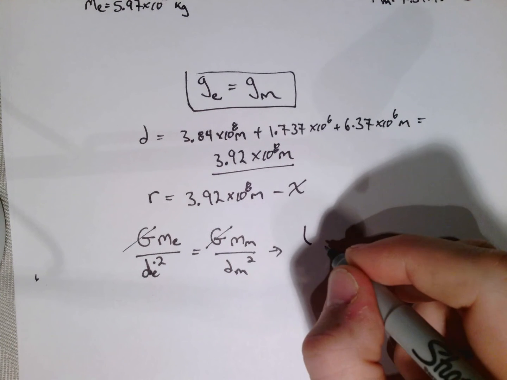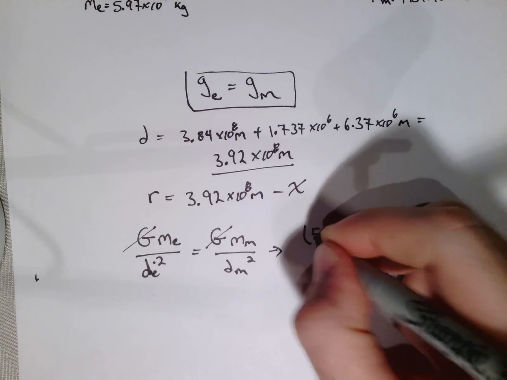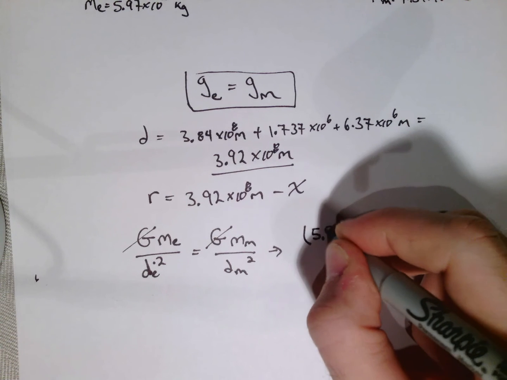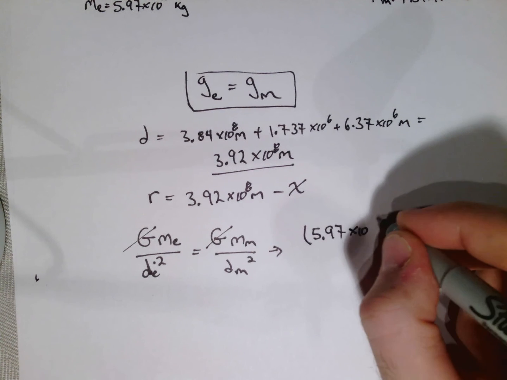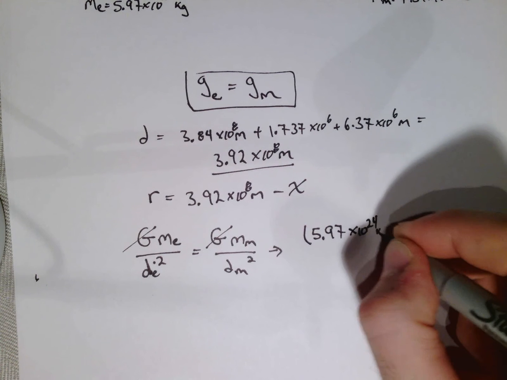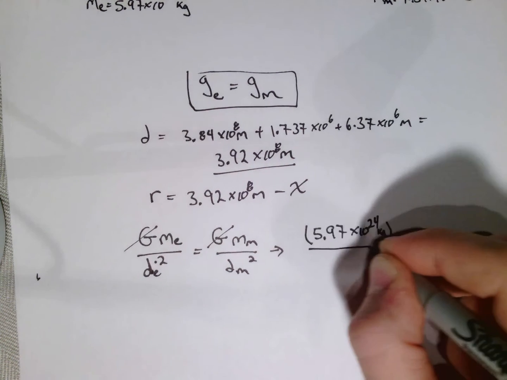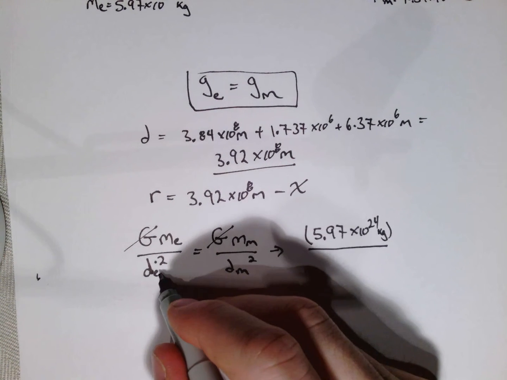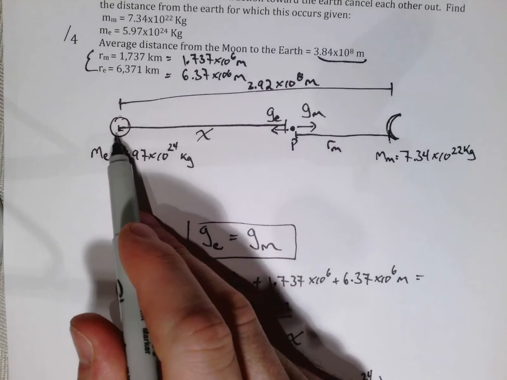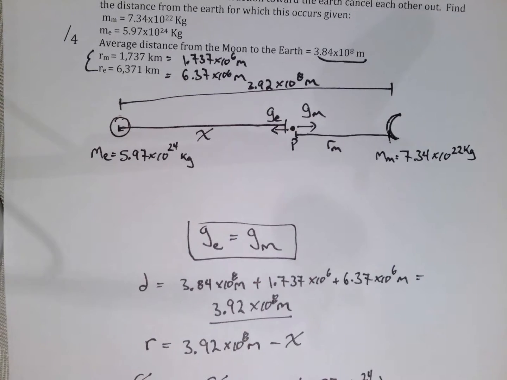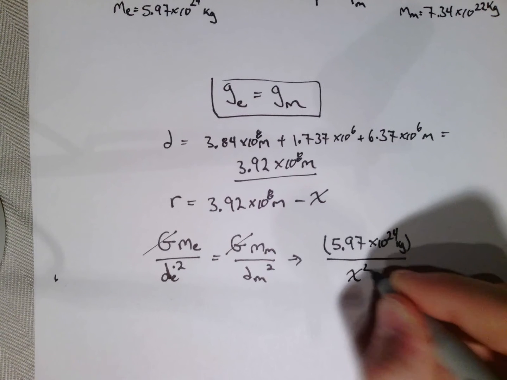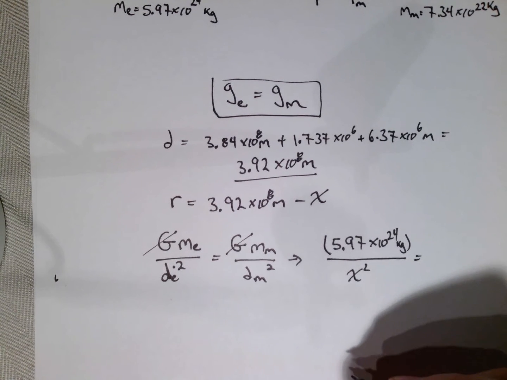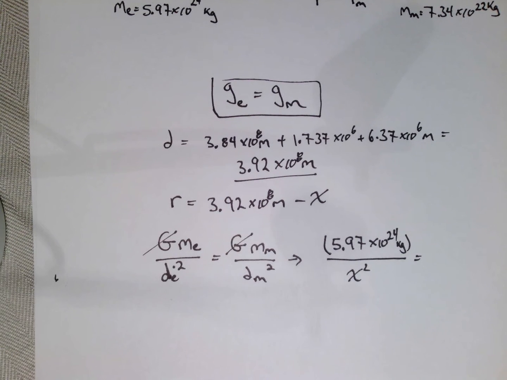And we're going to get that this is going to be equal to the mass of the Earth, which is 5.97 times 10 to the power of 24 kilograms, over the distance from the Earth to the point. Now going back to our diagram, the distance from the center of the Earth to our point we just called x. So it's over x squared because it's the distance squared.